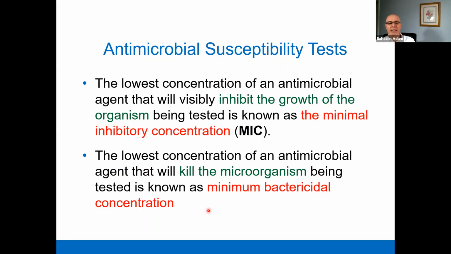The lowest concentration of the antimicrobial agent that will kill the microorganism is known as the minimum bactericidal concentration. These two are the most common definitions that we use in terms of antimicrobial susceptibility testing.